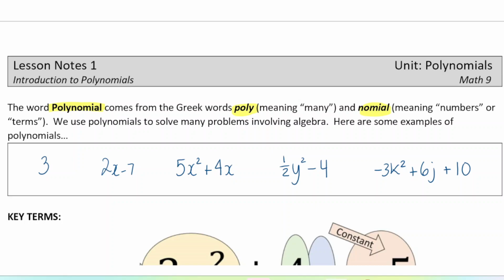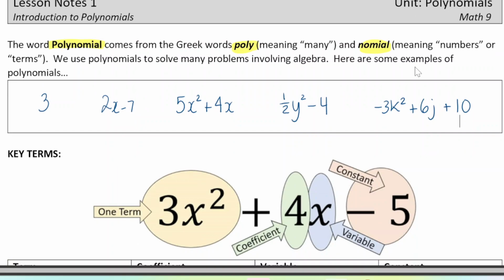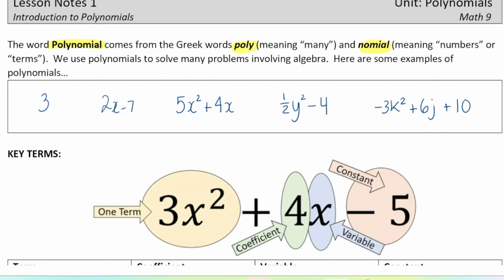Let's talk about the different parts of each polynomial. They all have different names to describe them. These polynomials here all have different numbers of terms. The terms are separated by addition or subtraction. So this polynomial here has 1 term.